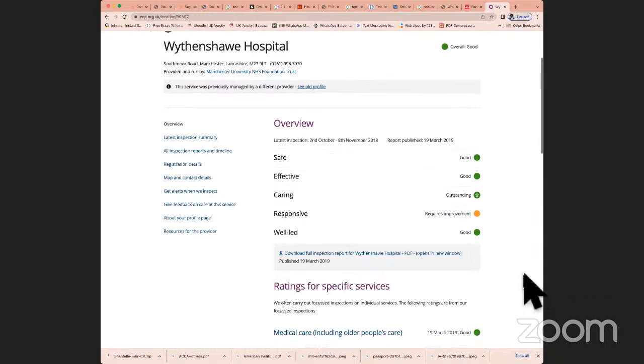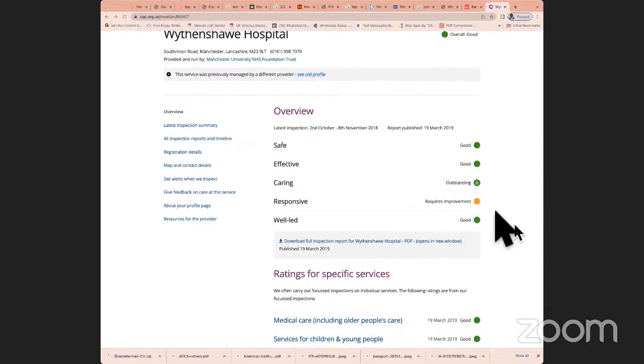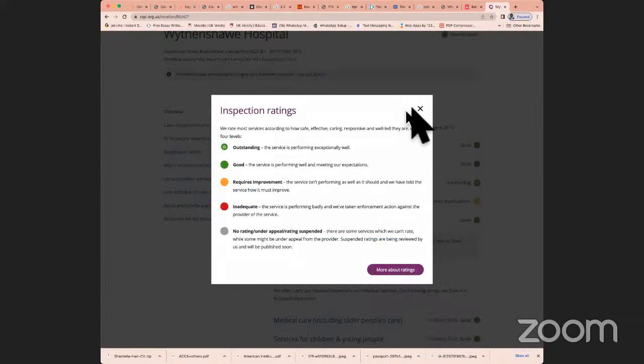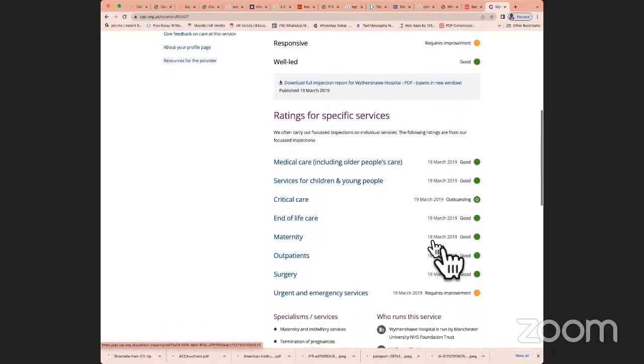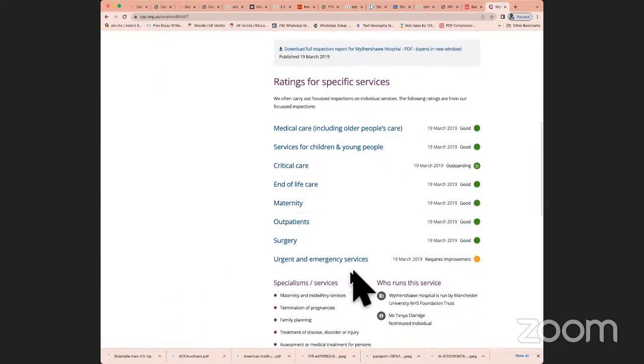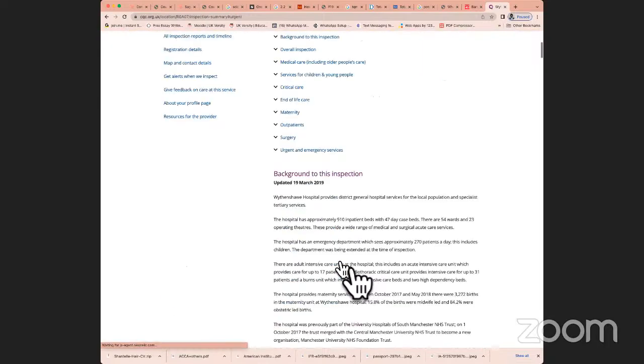Now here is where we will look at what the potential barriers are which are not allowing them to be responsive. If you go into further details, when we talk about potential barriers, urgent and emergency services at the hospital require improvement.